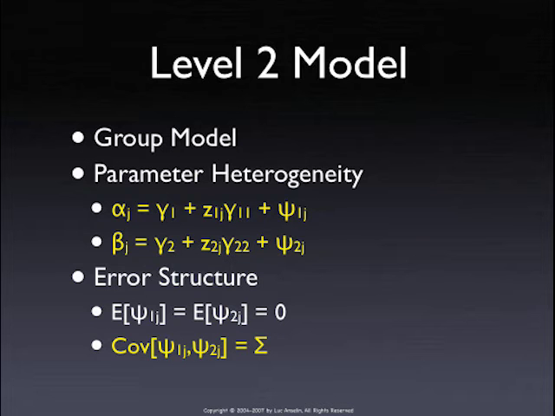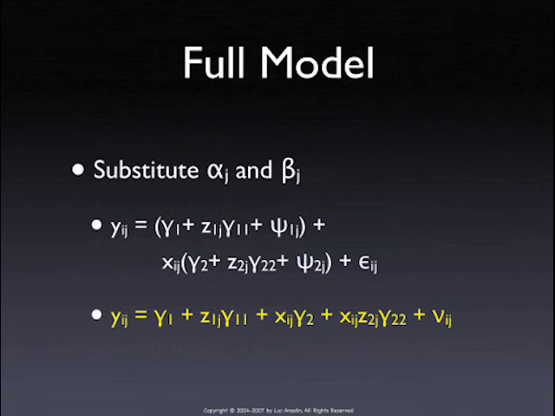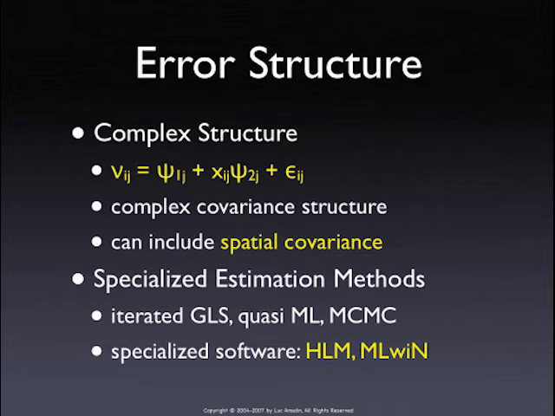And look at the indices, at the subscripts. The epsilon is easy. The subscript is ij. So in our example, this is a county-specific random aspect. Then the psi's have a j subscript. So these are state-specific random components.